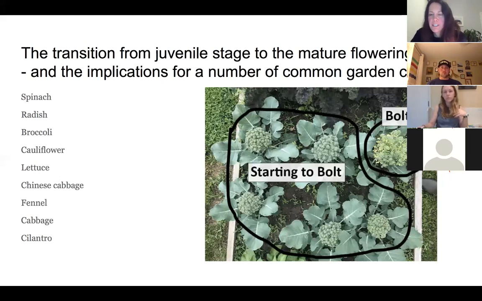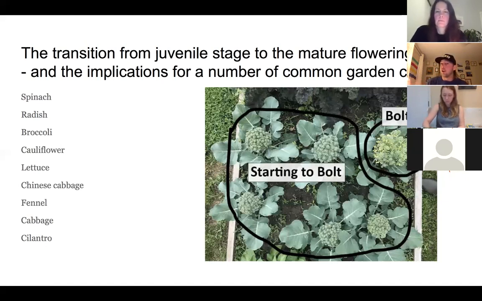Yeah, we got a couple questions here in the chat. We'll start with Mary's. She's wondering, can you pinch off the bolting stem to stop that stage for a while longer? Well, it depends which crop you're talking about. Definitely for basil.